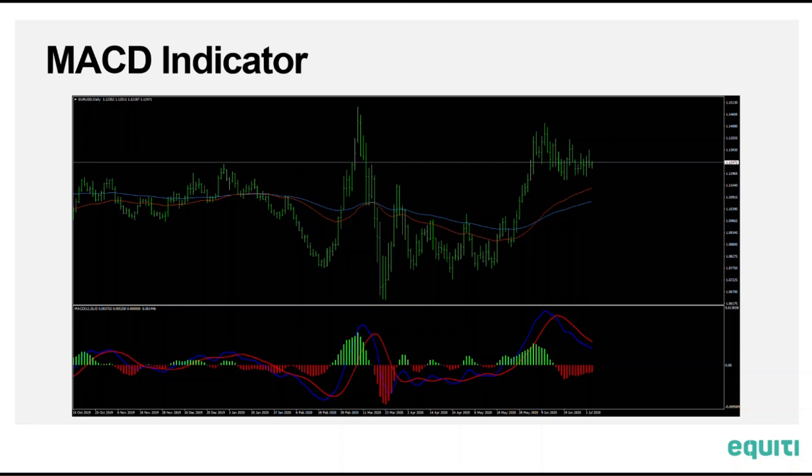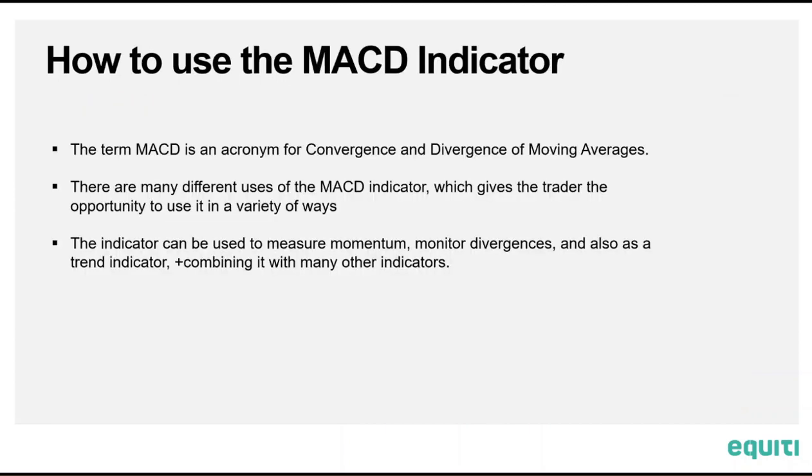So this is the difference between the MACD and the RSI, that we also have momentum and direction to assist while trading. The term MACD is an acronym for moving average convergence and divergence.